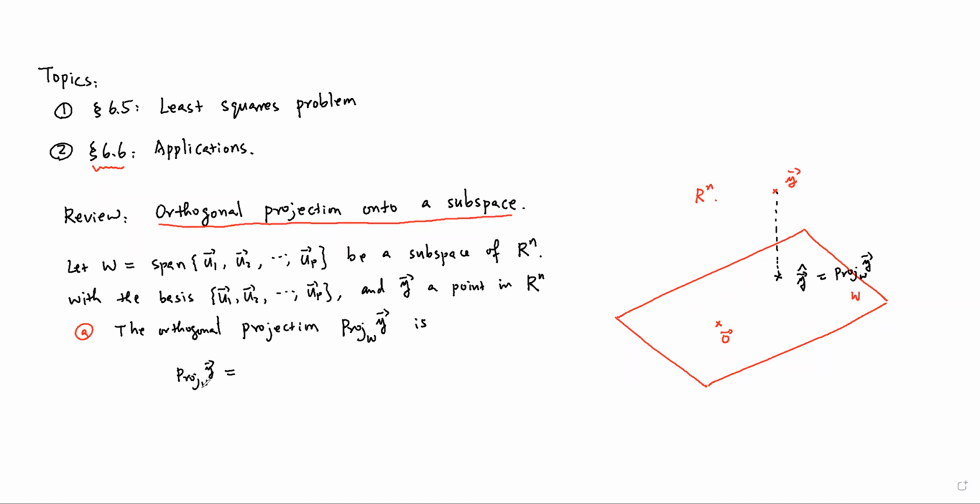So this guy should be a linear combination of the basis vectors. So let me write alpha 1 U1, linear combination, alpha P UP.